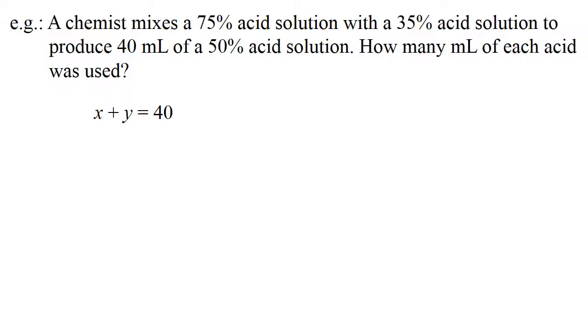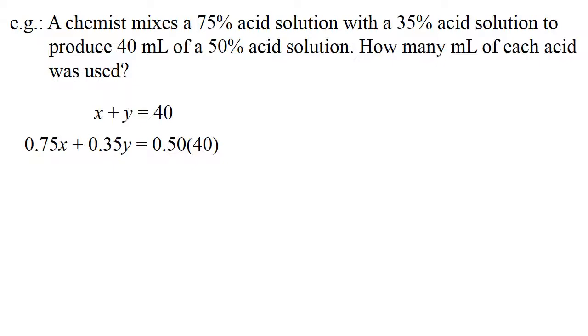So 75% times X, 35% times Y, and 50% times 40. And that's going to be my acid equation. So the first equation represents just how much solution, which includes acid and water, all together. The second equation is just about the acid. So acid from the first one plus acid from the second one equals acid for the total mixture.